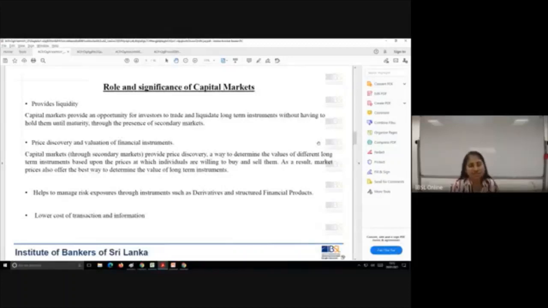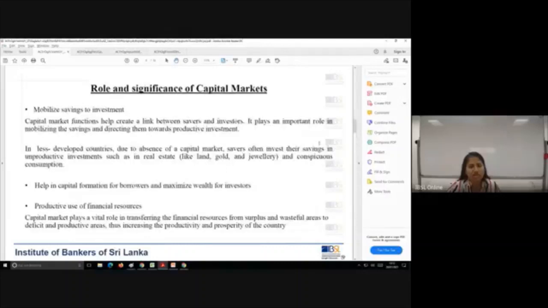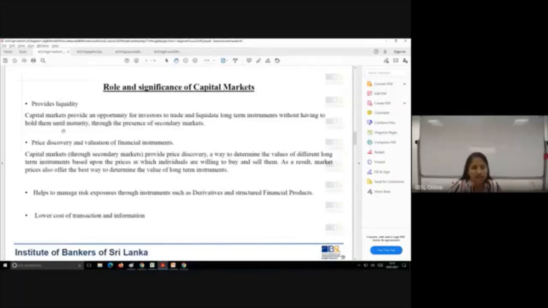Role and significance of capital markets. Again, we are going to continue, which is going to be the fourth role and significance. Now, these three are the main important significance of the role it plays. These are more ancillary, I would say. These are inherently available in any kind of market.